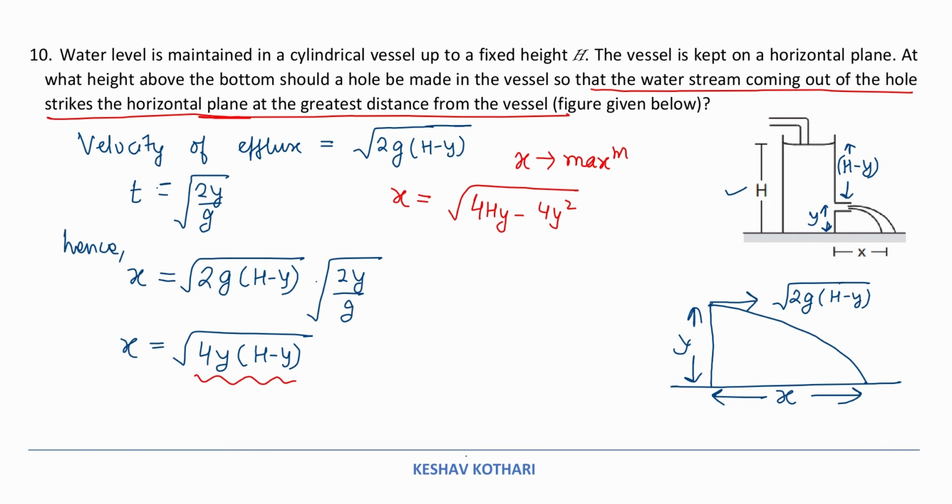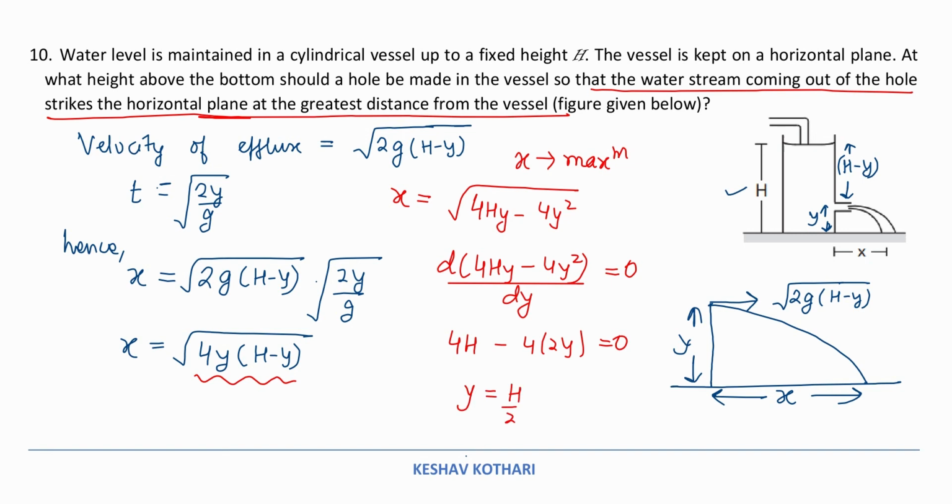That is, if I differentiate 4hy minus 4y square with respect to dy and equate it to 0, it will give us the condition for maxima. So over here we attain 4h minus 4 times 2y is equal to 0. So we attain that y is equal to h by 2.